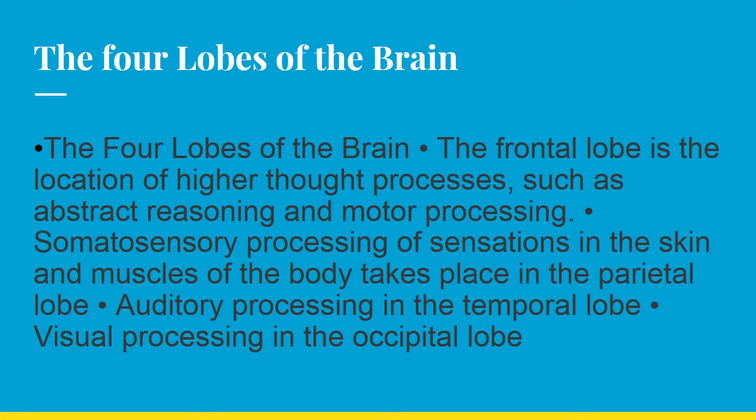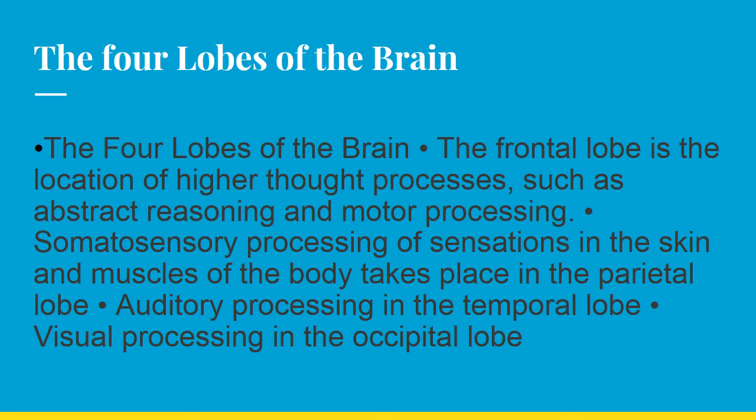The four lobes of the brain have different functions. The frontal lobe is responsible for abstract reasoning and motor processing. Somatosensory processing of the sensation in the skin and muscles of the body takes place in the parietal lobe.